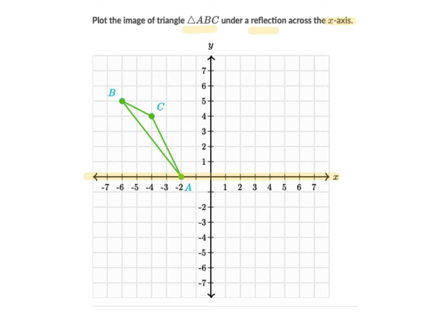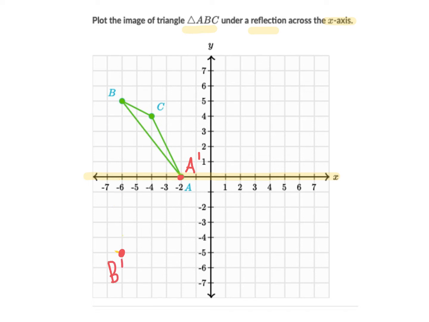So since A is already on the x-axis, A prime would stay right there on the x-axis as well. Moving on to B, since B is at -6, +5, it's 1, 2, 3, 4, 5 places away from the x-axis. We reverse that and go 5 places down, and we would plot B prime right here.